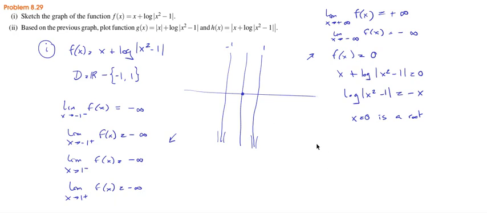Now let's compute the extrema. This function is differentiable everywhere in its domain. So f prime is 1, and then the derivative of the logarithm is 2x divided by x squared minus 1. If you're wondering about the signs because of the absolute value, think about when x squared minus 1 is greater than 0.